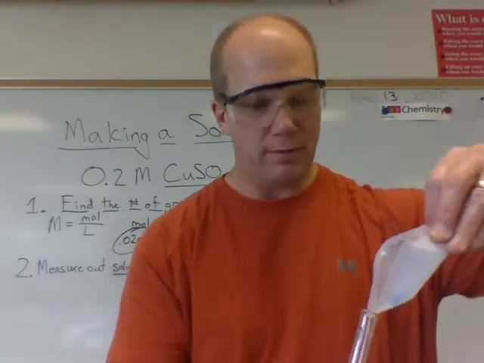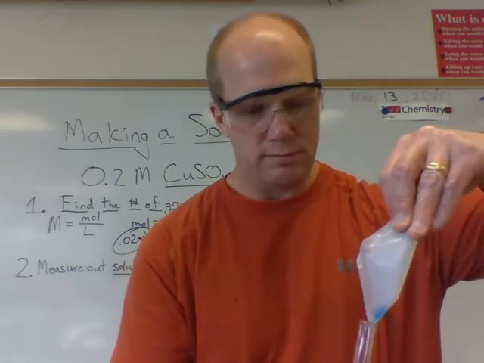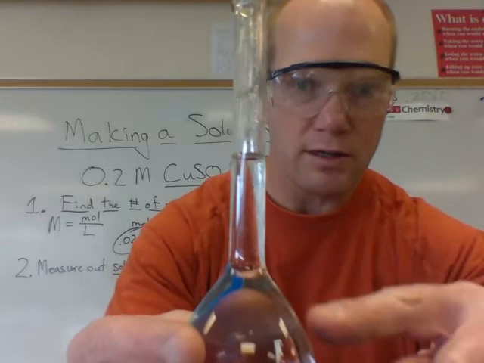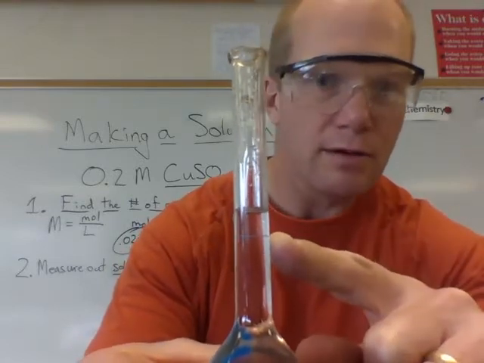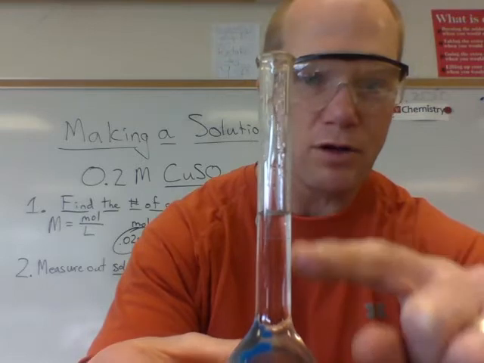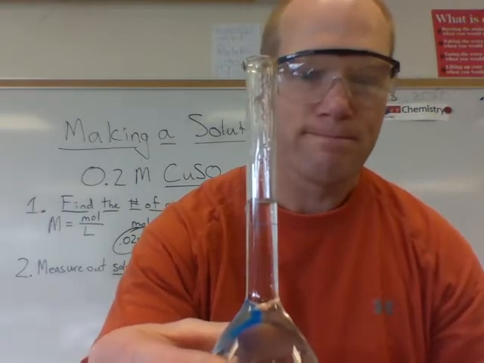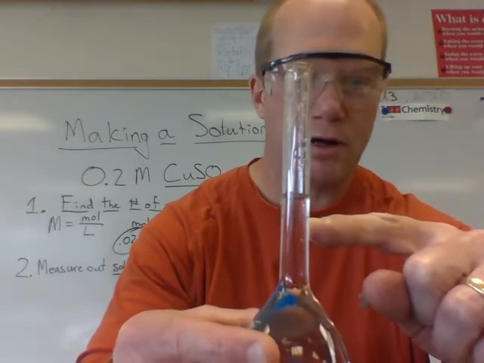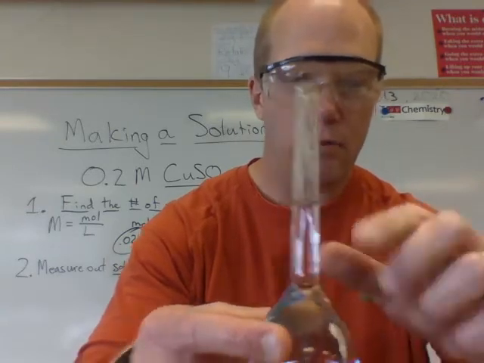And then if I put in my solute, if you notice now, you guys, there's the line, and there's where my solvent is. I no longer have 100 milliliters, right? And that's a bit of a problem. That's why we don't put the exact volume that we want right away.